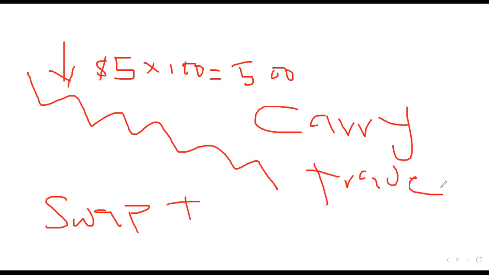Okay, in our advanced class, we'll delve deeper into that. Talk about carry trade in detail, currency pairs you can use in doing carry, and also when you should be interested in doing carry. Right?